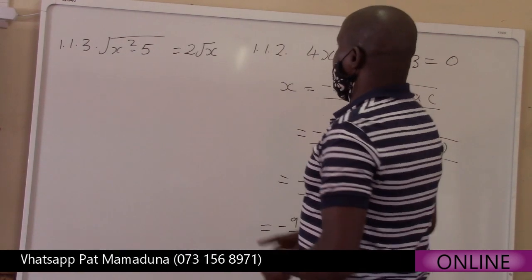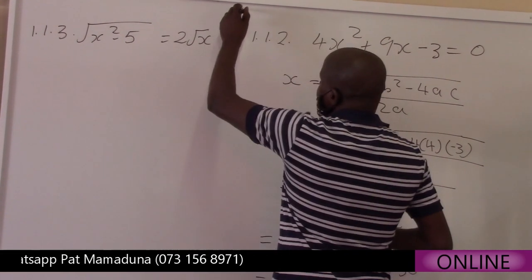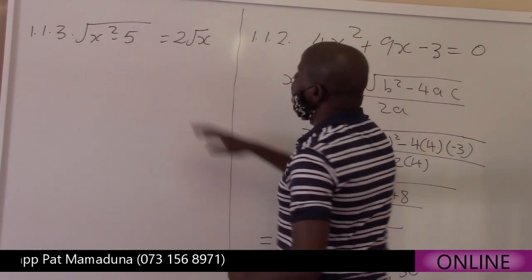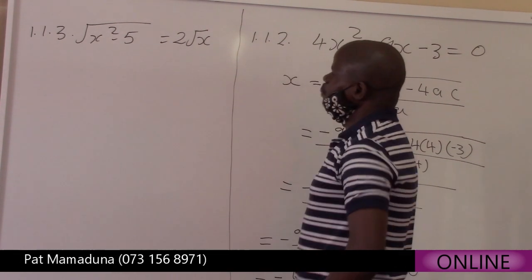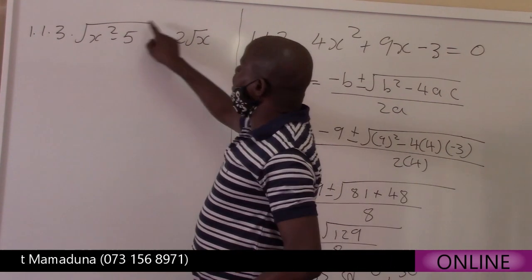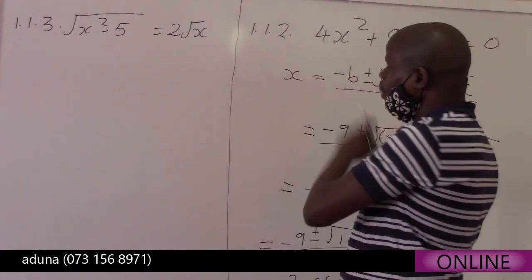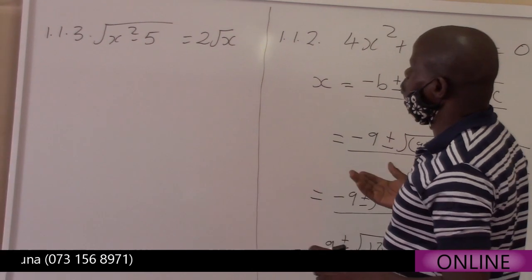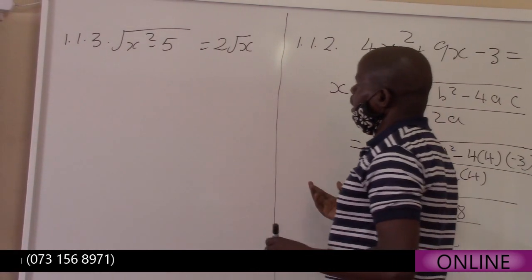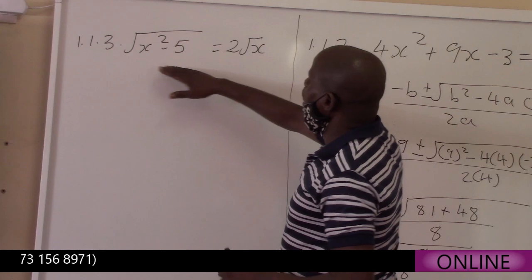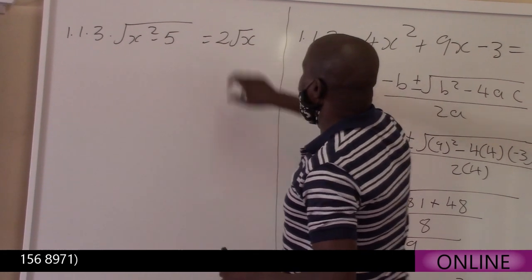What we do with this one, we have to make sure that this square root is on one side, and the other terms without square roots are on the other side. In this case, there is the square root there and the square root here.